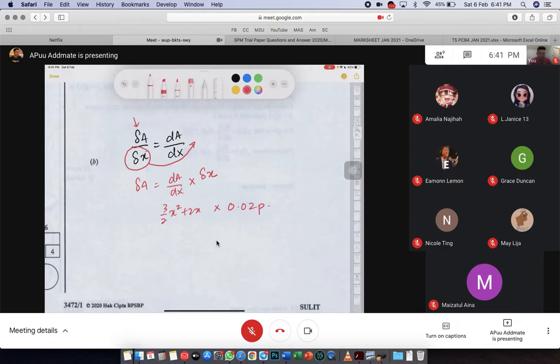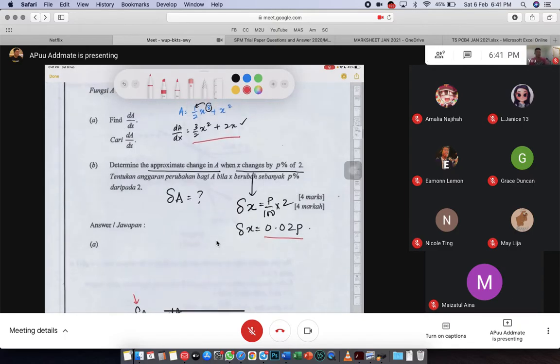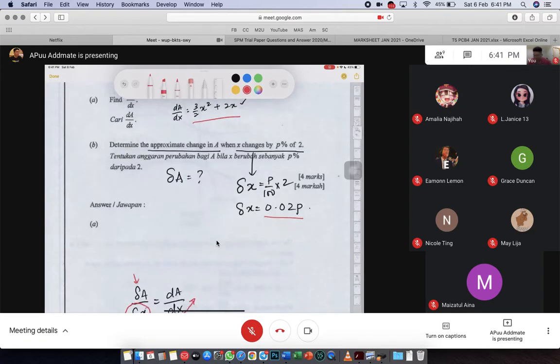What is the value of x yang kamu boleh gantikan dalam case ni? What do you think? What is the value of x? Anybody want to guess? Apa nilai x dia? Zero? Amalia? What do you think?